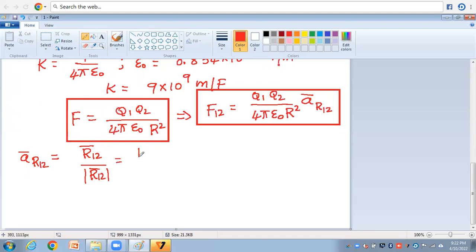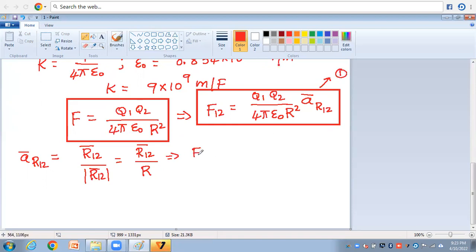Okay. Now this R12 is a distance, right? Now this is R12 bar by, this is only R, the modulus. Okay. Now finally this expression is substituted in equation 1.